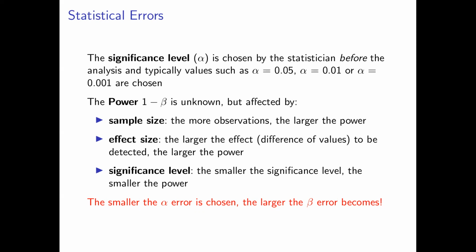So we cannot make it as small as we want. And then there's the effect size, what we actually want to be able to measure, how exact we can become. And this effect size, the larger the effect which we want to detect, the larger the power, the smaller the effect, the smaller the power.